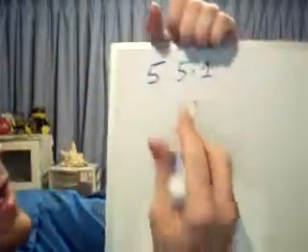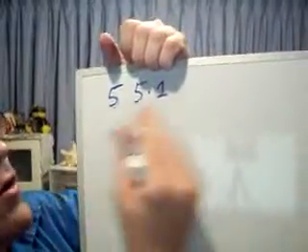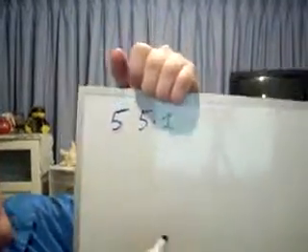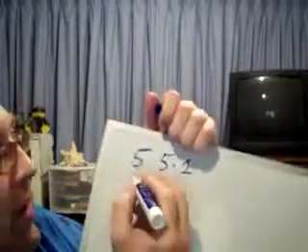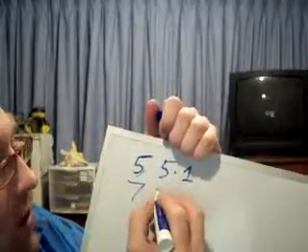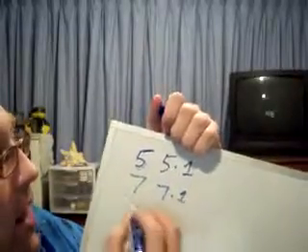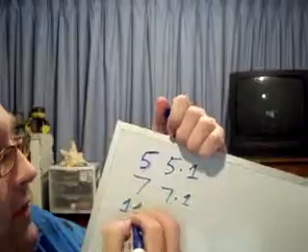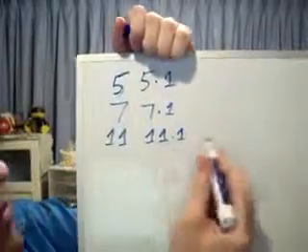The only way you're going to get 5 is to take 5 times 1. No other two numbers multiplied together will ever give you 5. And that's what we're talking about in prime numbers. The same thing with 7, which is 7 times 1, obviously. And if you had 11 times 1, you get 11, so on and so forth.